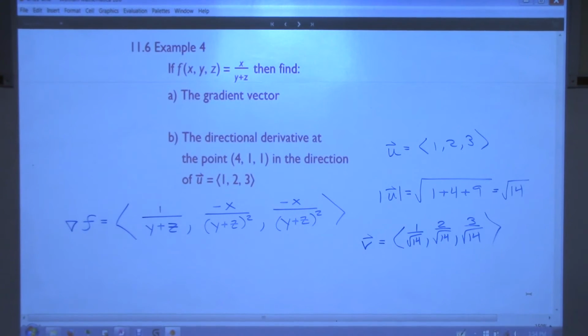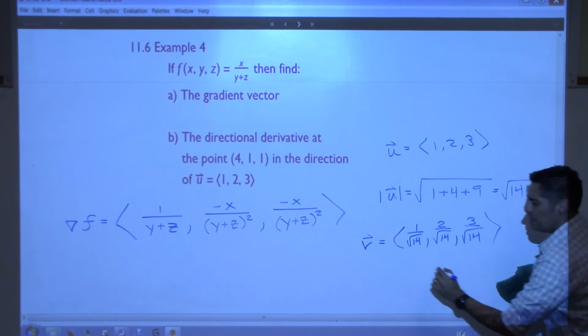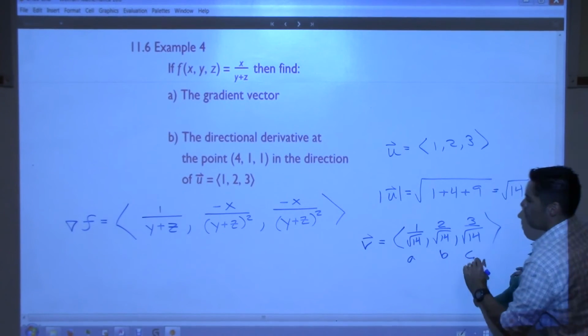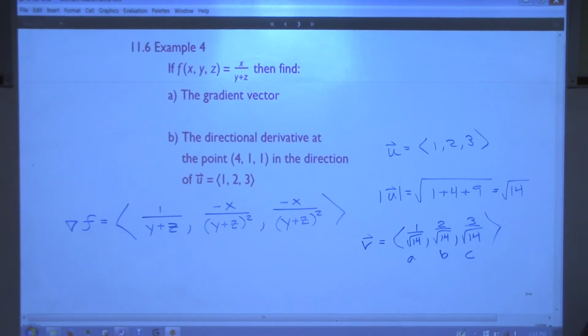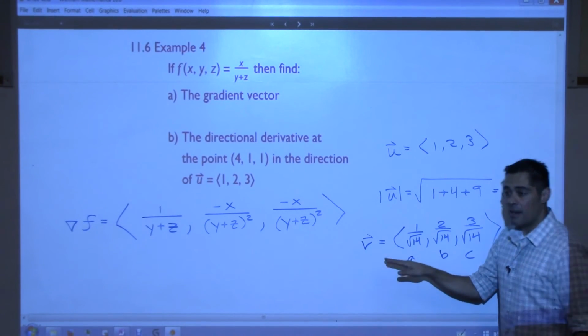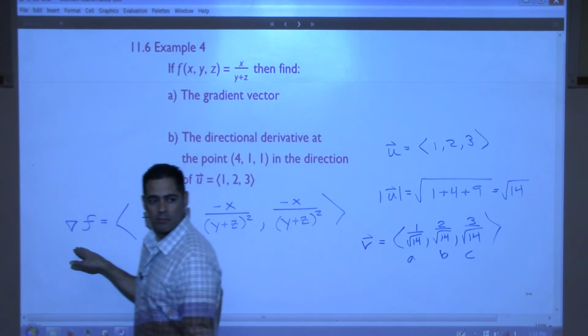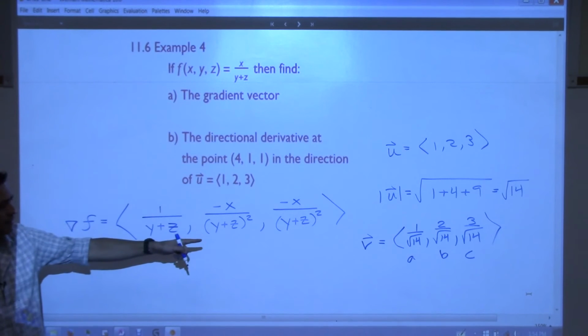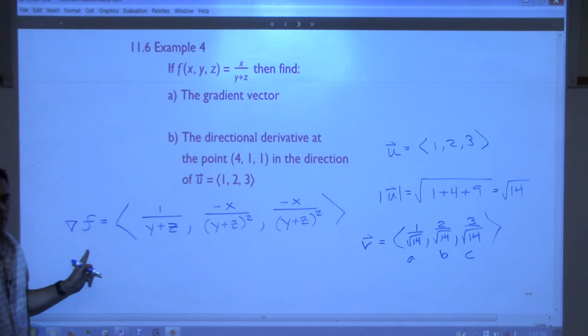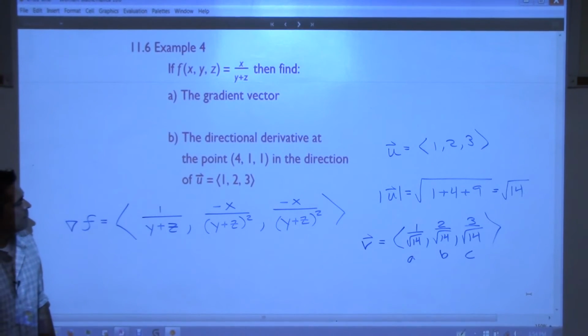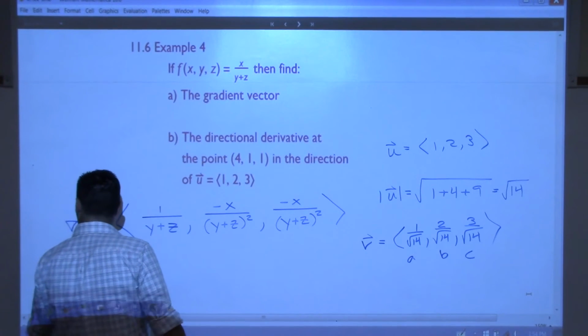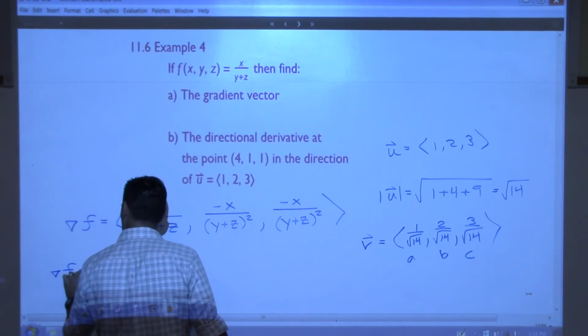And now it's just the formula, right? This is my a, b, and c. And so I'm going to take this vector and dot it with this vector. Take the v and dot it with the gradient. So let's do that right here. What's the gradient dotted with v?